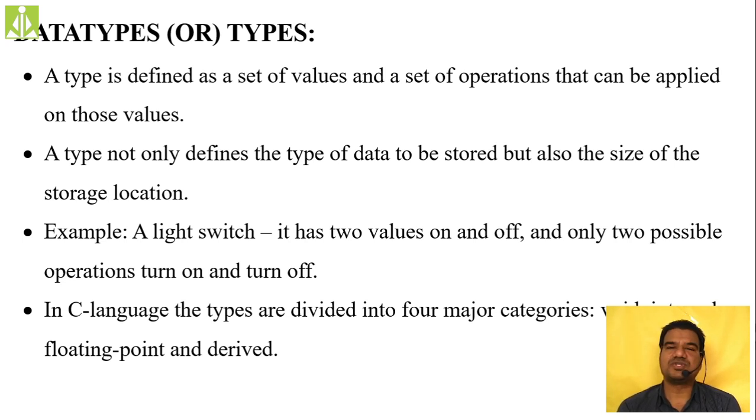Suppose if you want to store integers only, numericals only, then create an integer variable. If you want to store characters only, create a character variable. If you want to store precisions, create a floating point variable. All these things we will discuss in detail. So let us quickly see the definition of this data type.